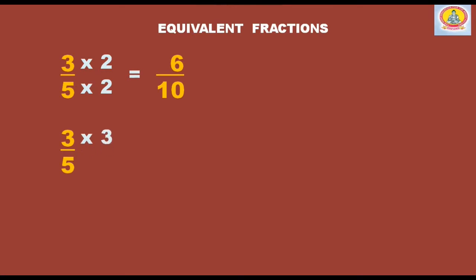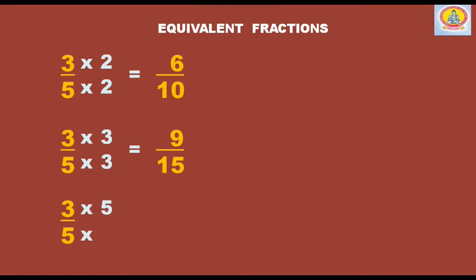Let us take another number to multiply, that is 3. The numerator is multiplied with 3 and the denominator is multiplied by the same number 3. Then the new fraction we get is 9 by 15.